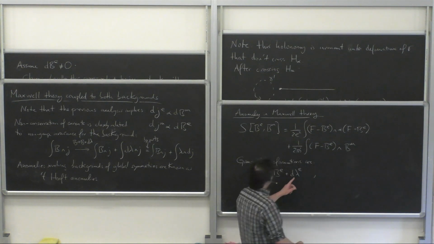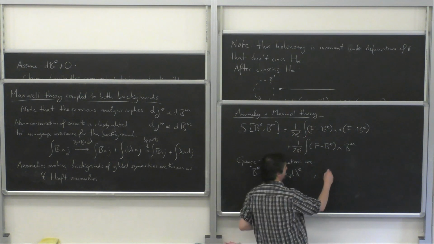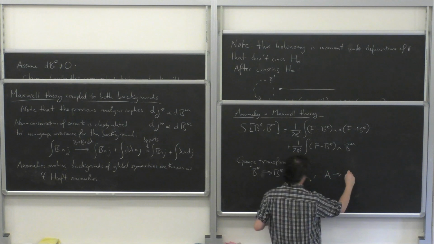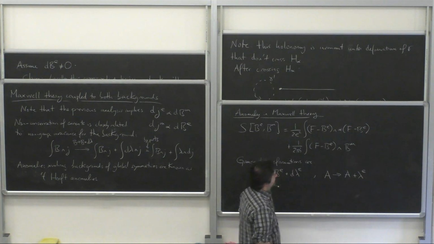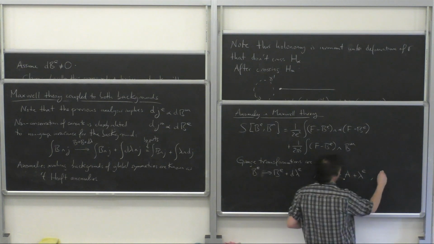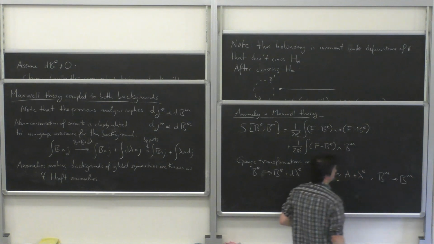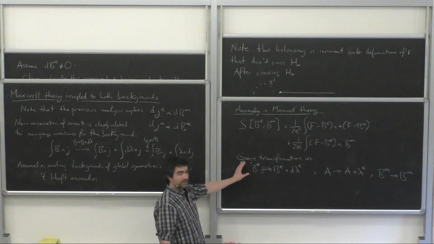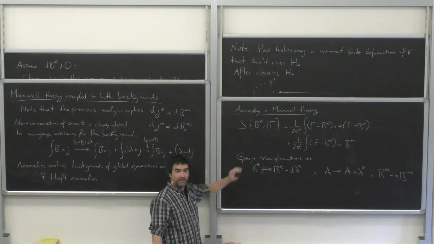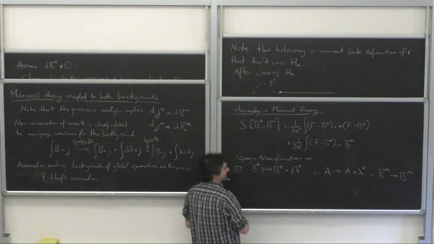If I do that, this term will not be gauge invariant, so I compensate that by sending A to A plus lambda E. And I'm going to keep Bm as it is. So the theory is gauge invariant under this transformation, no matter what the backgrounds are. So this is one, and that's okay.